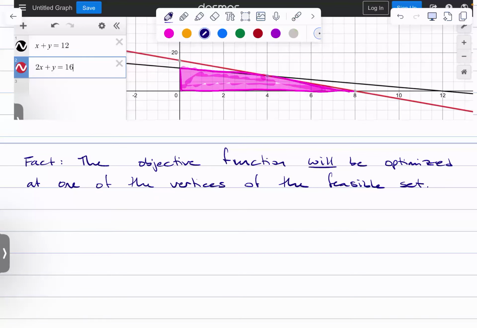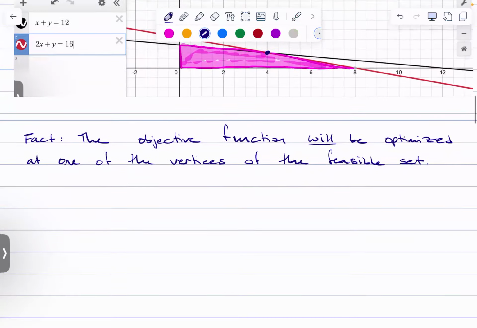In terms of what you would be finding, that would be this point here. The black line is x plus y is equal to 12, and the red line is 2x plus y is equal to 16. And so the intersection is this vertex here.